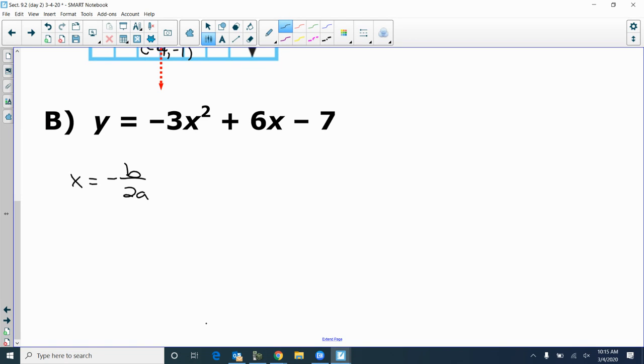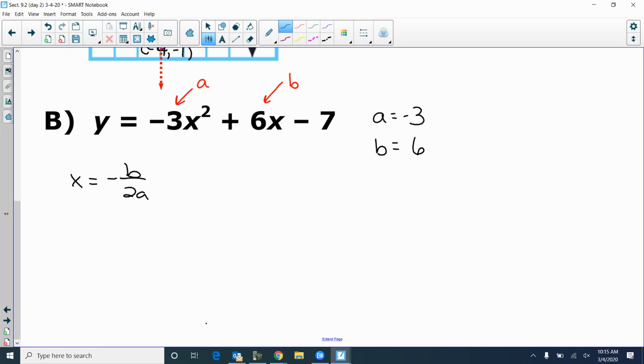That's not b, that's actually a. A is -3. A is the number with the x squared. Do you remember what the b would be then? That's 6. B is the number with the x. Whatever number's with the x squared is a. Whatever number's with the x is the b.